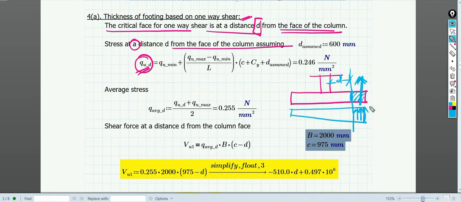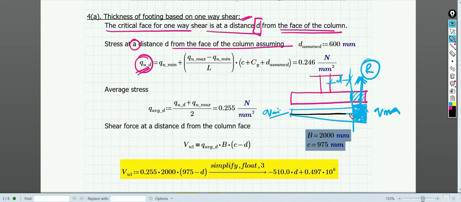Okay, so that force will be how much? The area of this particular trapezoid will be the reaction that is acting upward. So what will be that value? If this is Q minimum and this is Q maximum, then I can draw a triangle over here.